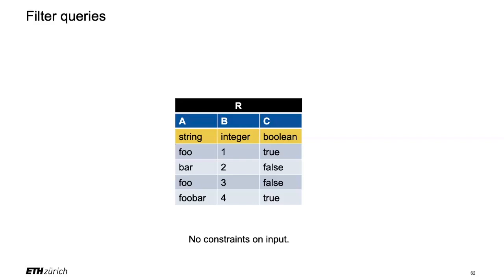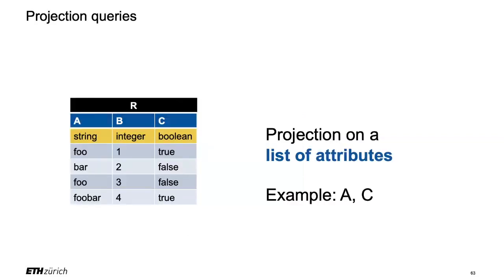The first thing to say here is that I don't have any constraint. I can take any relational table and I can do some filtering in here. So the first kind of filtering is called a projection. A projection specifies a list of attributes that normally should be in the original table.